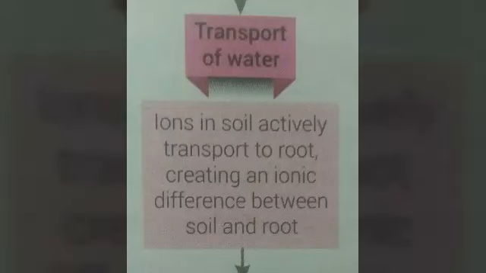Then the water from soil enters the root xylem, creating a water column. Now water from the aerial surface of the plant evaporates and creates a suction that pulls water from the root xylem. It means the water which evaporates from the aerial part, that is called transpiration.